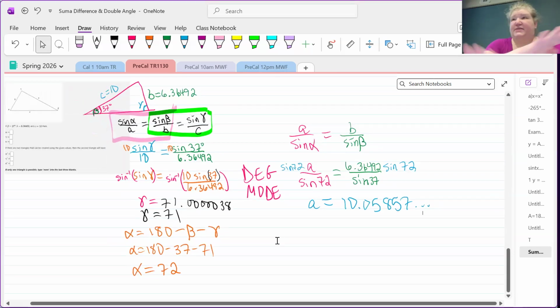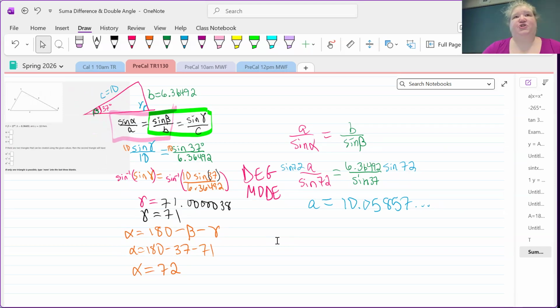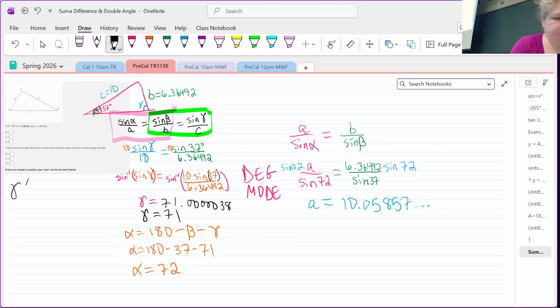So for the test, done. All you will have to do is just this set of calculations for the law of sines. There is not a second triangle on the test. But for finishing this for web work, I'm not going to finish it, but the gamma prime angle is always 180 minus gamma when gamma is that first angle you found.